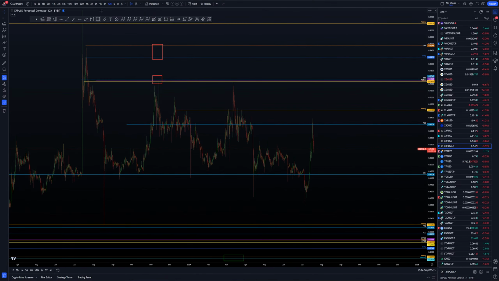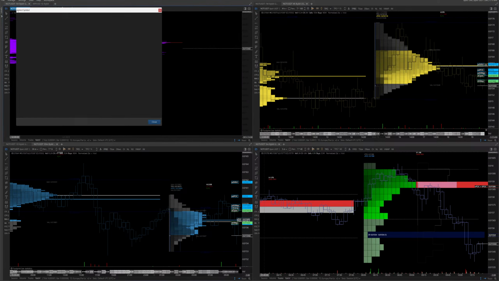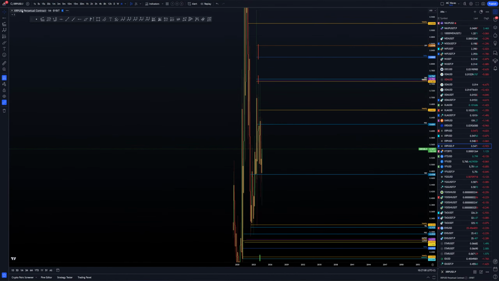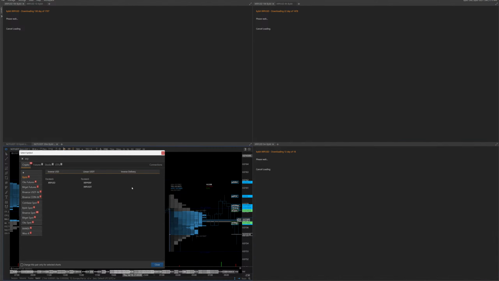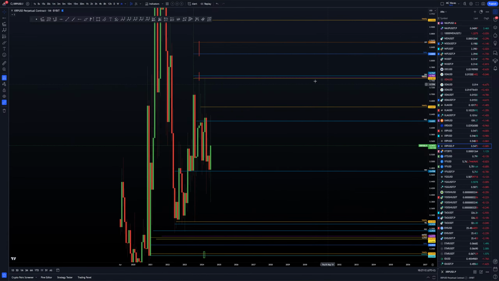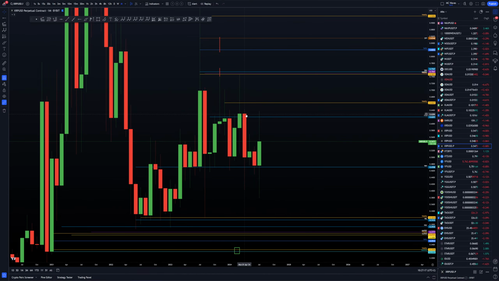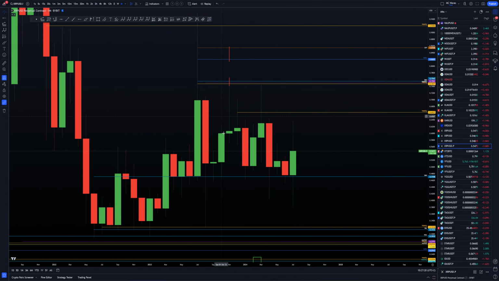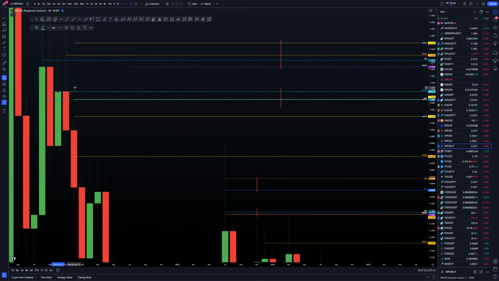Just gonna load XRP here. XRP, is that a USD pair? Yes. Alright, now let it load and go on the chart here to update this. So monthly here. Alright, so we can get rid of this. Ah, there are no monthly here. Nice.